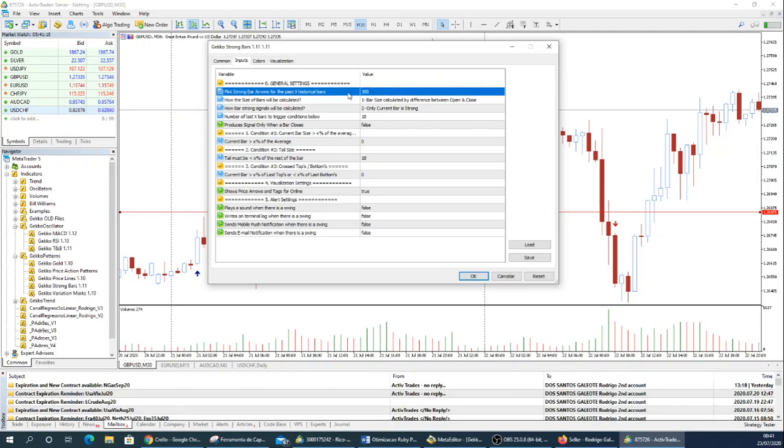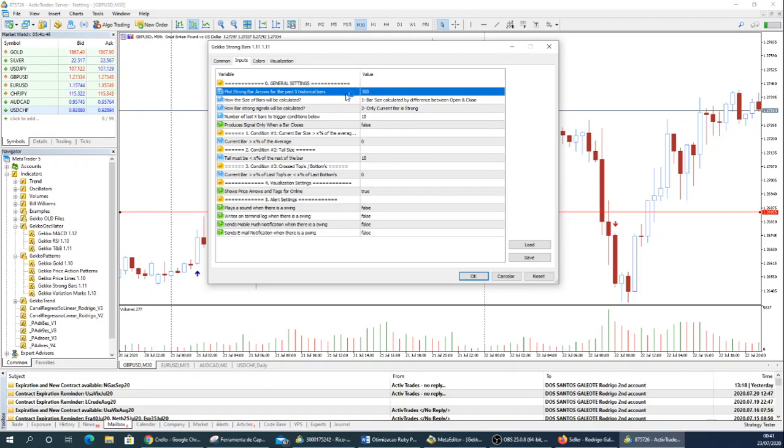So the first thing is, do you want to plot the indicator for the past X bars? And the reason we have this, guys, is because if you want to see the indicator for the past 2,000 bars, that's going to take a lot of processing from MetaTrader.